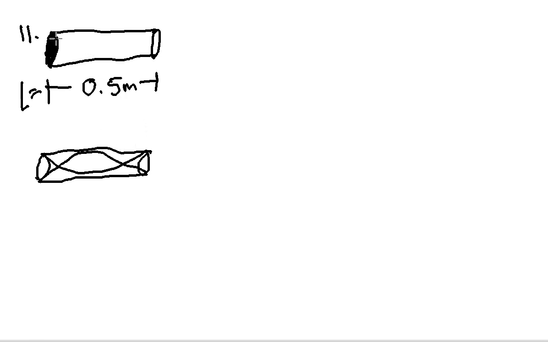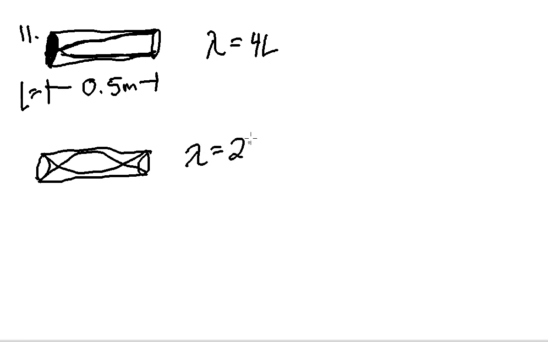What it looks like is you can only get 1/2 of one half of a wavelength, and 1/2 of 1/2 is 1/4. So the wavelength for an organ pipe with a closed end is going to be 4 times the length, whereas if this was an open end, it would just be 2 times the length.